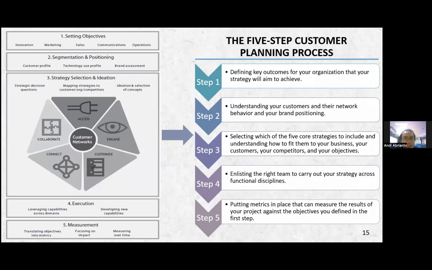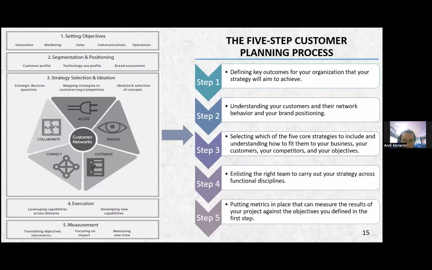Okay, the 5-step customer network strategy planning process, as presented below, answers the previous questions and can be used by any organization to guide the development and successful execution of an overall customer network strategy designed to meet the needs of its business.